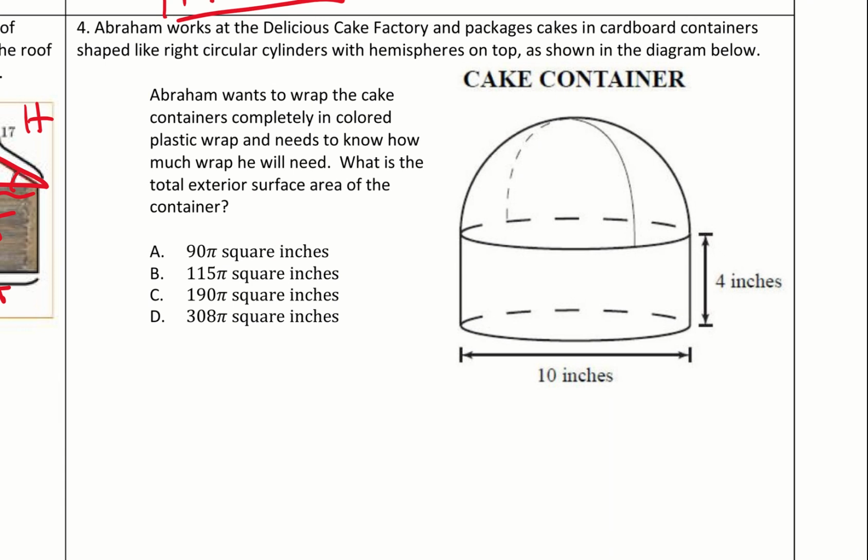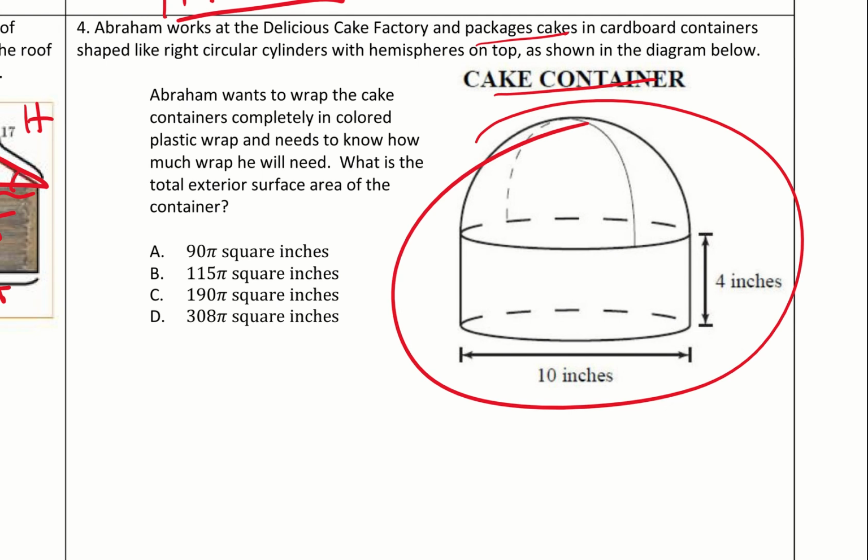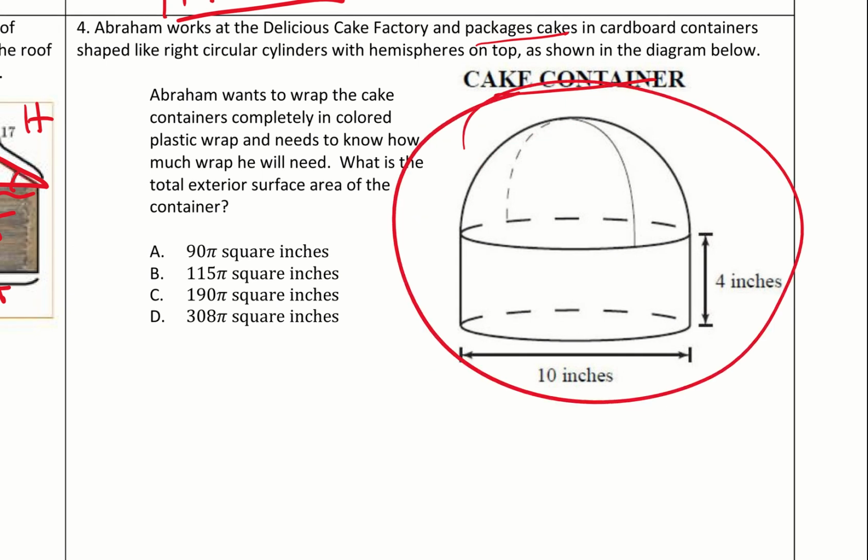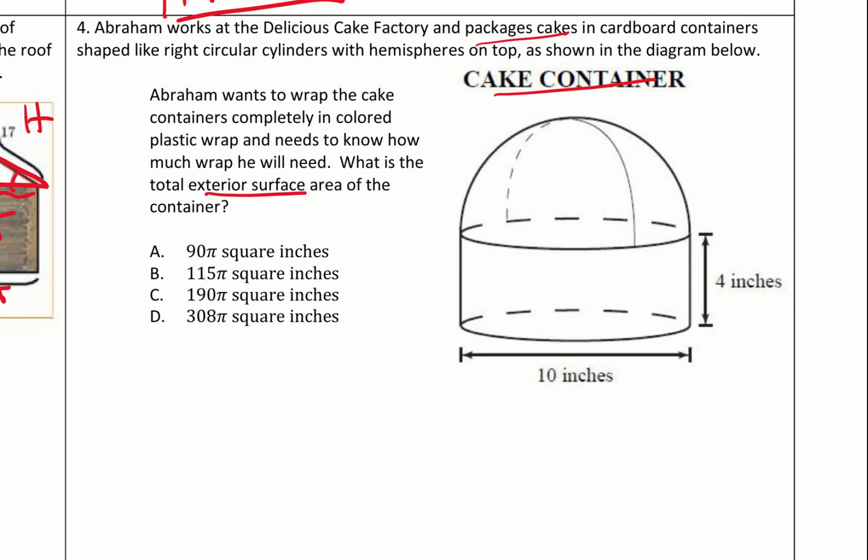Number 4. Abraham works at a factory where they package cakes in containers that look like this. He wants to wrap the cake in plastic wrap. What is the total exterior surface area?